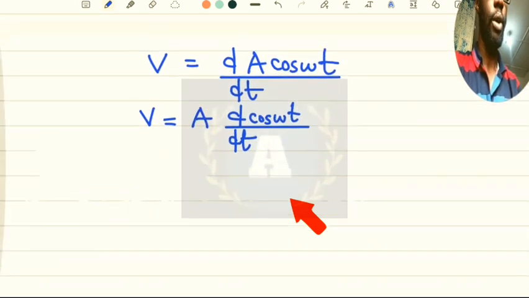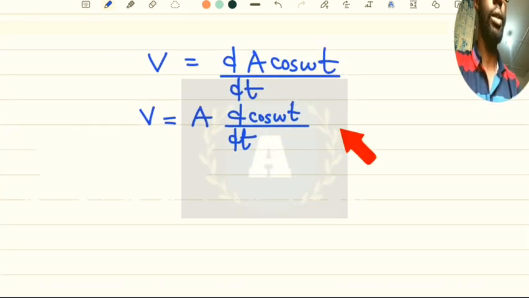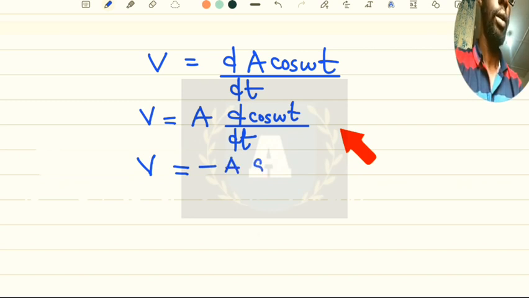So now, when we differentiate cos omega t, what we will have is velocity equals minus A omega sine omega t.